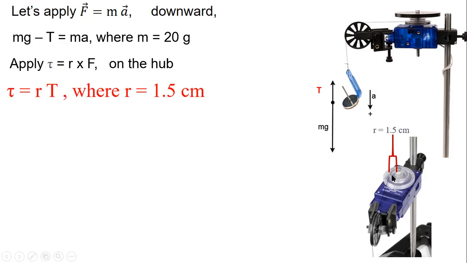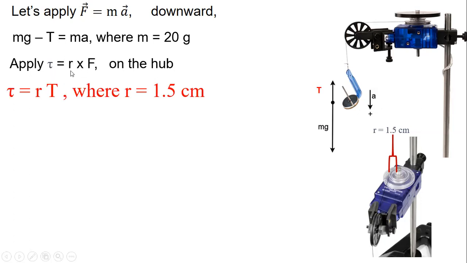From the center to this hub is 1.5 centimeters, and this string is attached to the hub over here. So the force is acting along the string. Whatever the tension force is, that is the force applied, and this is the radius. That force creates a torque around this hub, right? We should be able to calculate that because we know the distance, the radius, and the force acting on it. So here, torque is r cross F.